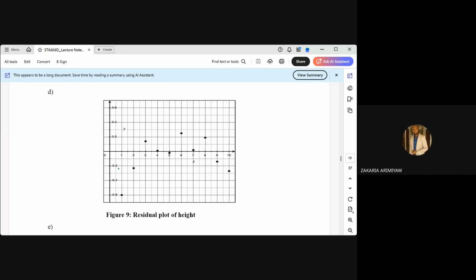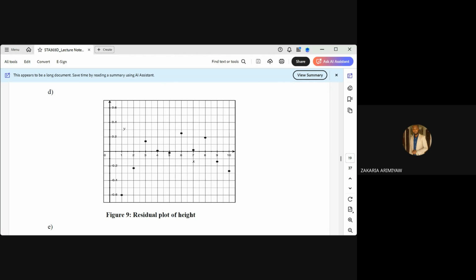So the estimated regression equation provides a good fit for the data, and it is so because the residuals appear random. There is no pattern of the residuals.